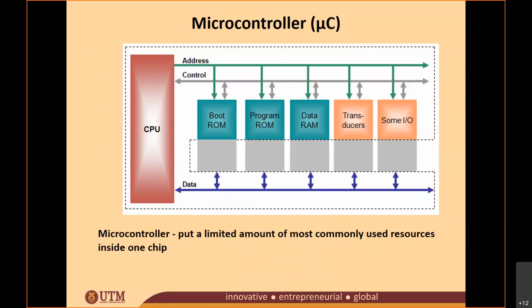Okay, so kalau kamu tengok ini, this is a microcontroller. So dalam microcontroller dah ada CPU, dah ada memory, and dah ada I/O peripherals. Okay, so that is the difference between microcontroller and microprocessor.